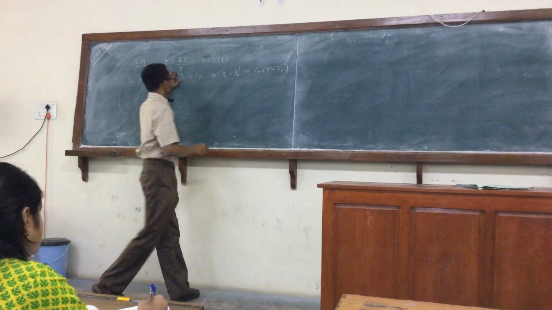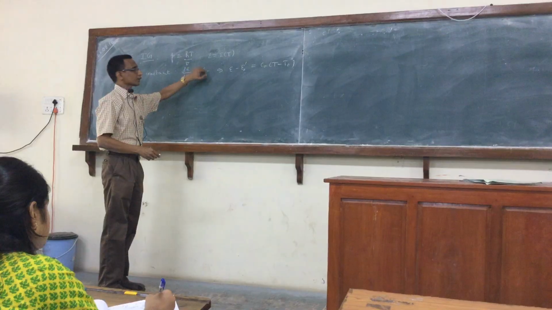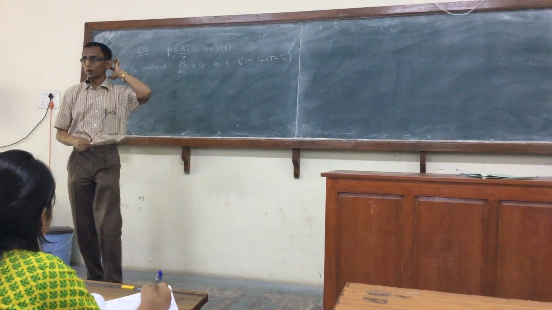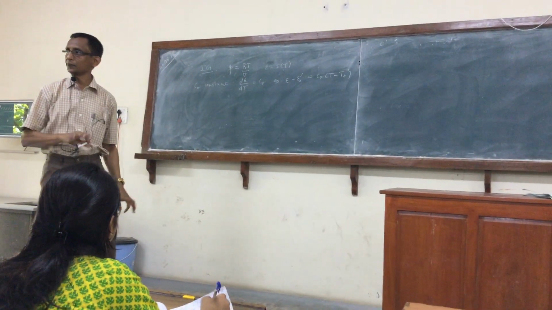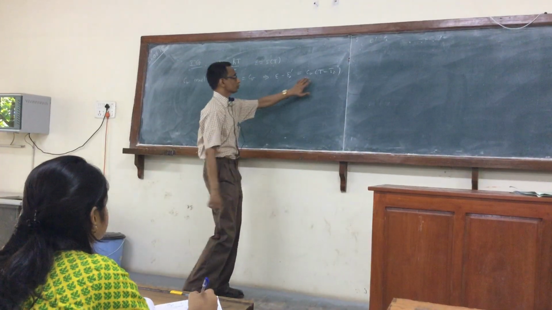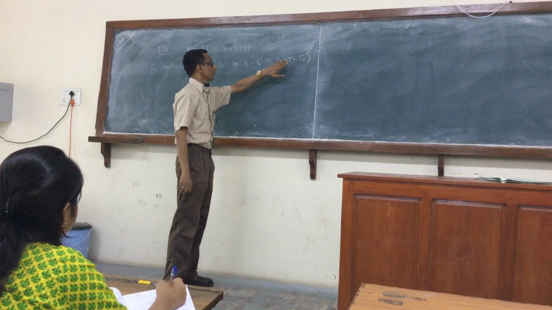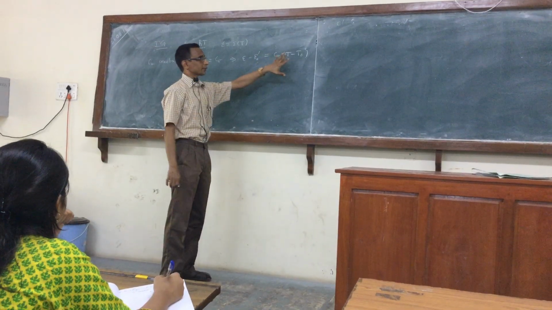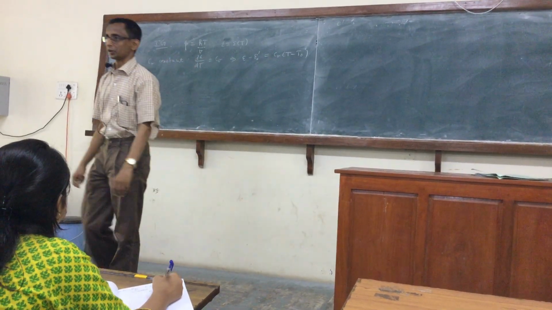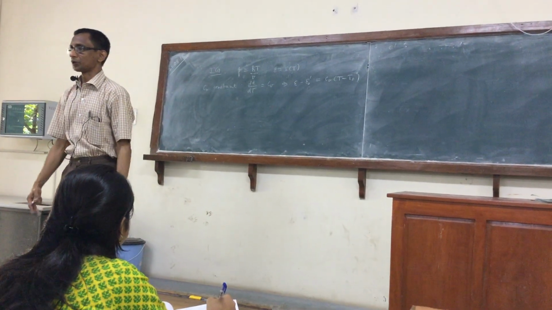So I'm just integrating this. Cv is constant. Otherwise the form will look a bit more awkward, but the procedure is the same. So we can regard E naught prime as the energy corresponding to the temperature T naught, some arbitrary temperature T naught.